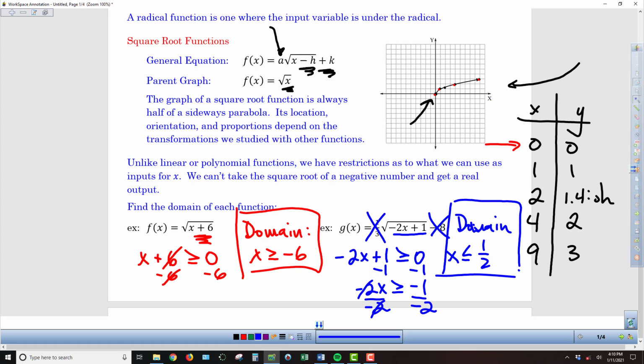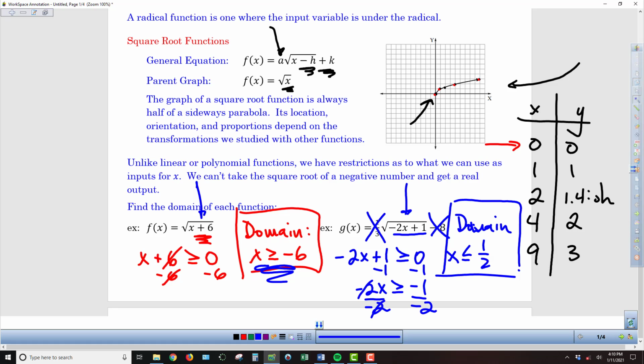And so as an example on this one, if I took a number less than 1/2, like 0, and plugged it in, -2 times 0 is 0, 0 plus 1 is 1, square root of 1, I'm allowed to do it. So I could keep on going and figure out what the output is. On the previous question, we had a domain that said x had to be greater than or equal to -6. So as long as I pick a number that's bigger than -6 and plug it in, it's going to work.